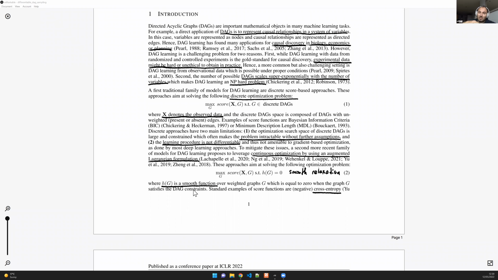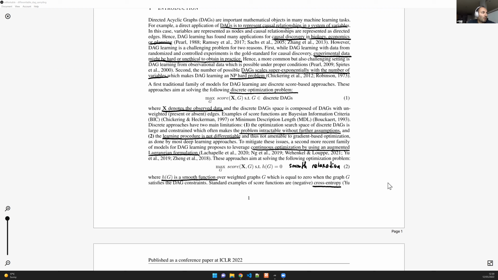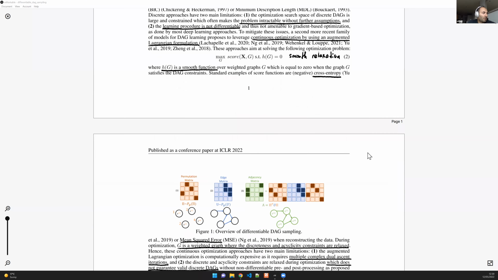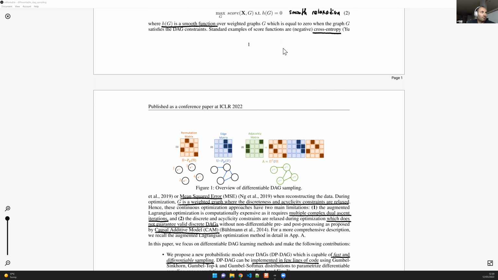So it creates a smooth, continuous relationship between the discrete points in the space, so that we can actually do gradient descent. Then the score functions can be cross entropy or mean squared error. You will actually use both later on for experiments, depending on the problem you are trying to solve.